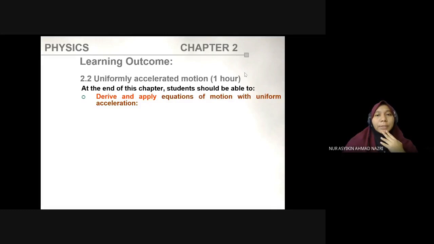Alright, so yesterday I've already introduced to you all the parameters that are very important when we are dealing with motion, how we want to explain movement of an object. So we need to use all the parameters that I introduced yesterday.